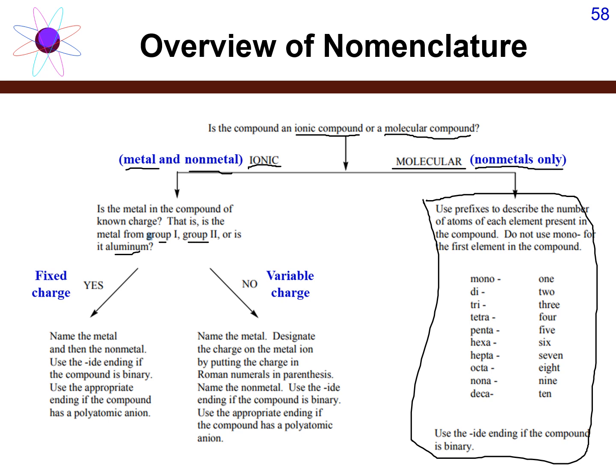If the answer is yes, you name the metal, name the non-metal, give it IDE ending. If it's not one of these groups, and it's a variable charge metal, well, you have to figure out that charge. First, you do name the metal just like before, but you have to have those parentheses to tell you what value to put into the parentheses. And that tells you what the charge of that metal is.